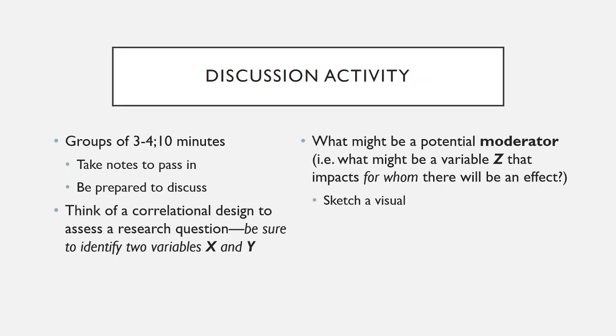You're going to want to sketch a visual, so something that looks like any of those visuals I showed you, where you have your X and Y axes depicting your first two variables, and some sort of legend indicating what different types of lines indicate for levels of the moderator. Anything that looks akin to the examples I've shown you should be pretty good to go.